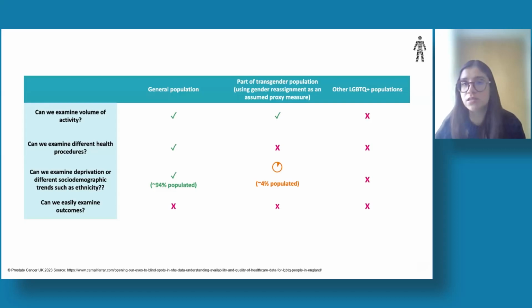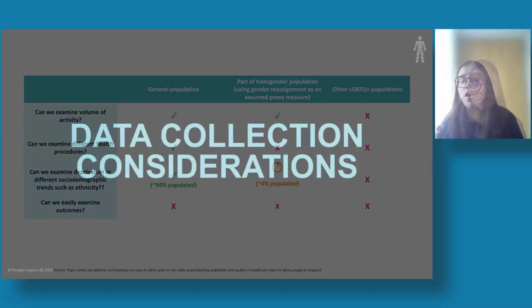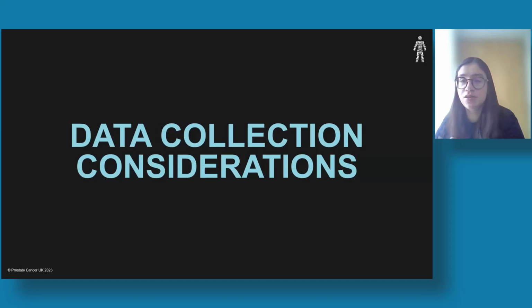But when you look at your transgender population, the data is not really quite there for the research. So it's definitely an area where I cannot stress enough how important it is to improve data collection on gender identity in both primary and secondary care for prostate cancer.